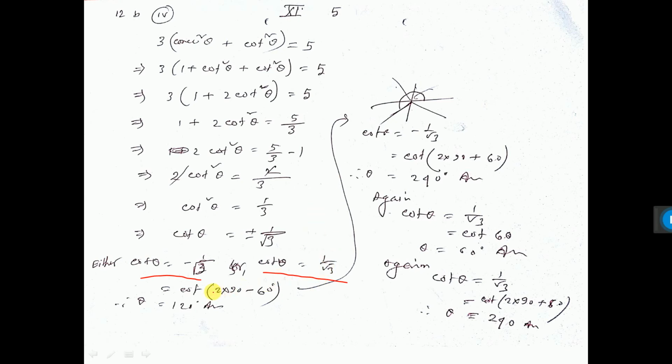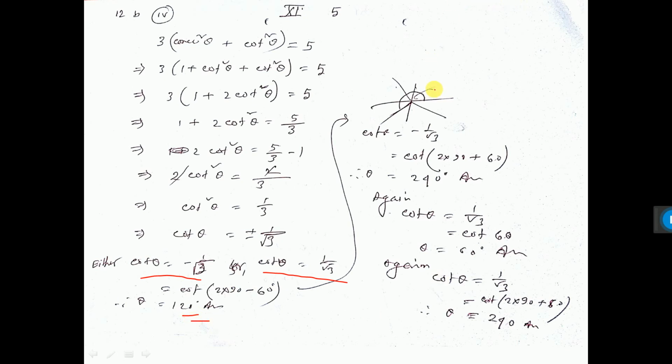See, cot minus 1 by root 3: in the second quadrant cot is negative. So second quadrant, how to go? 2 into 90 minus theta, that is 180 minus 60, 120 degree.